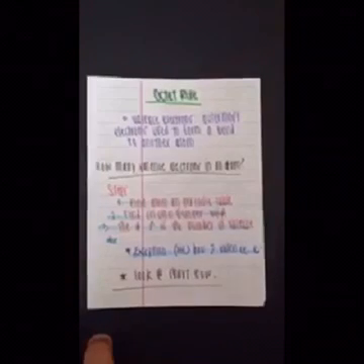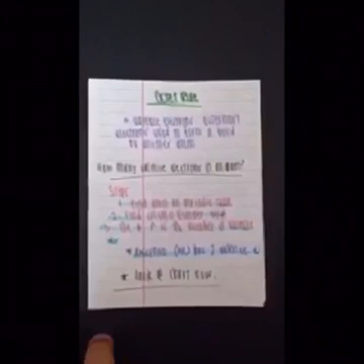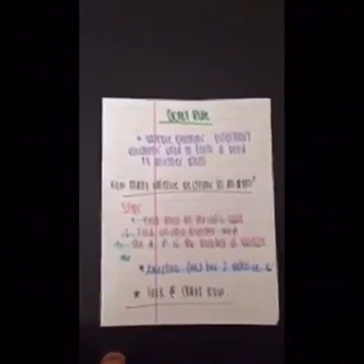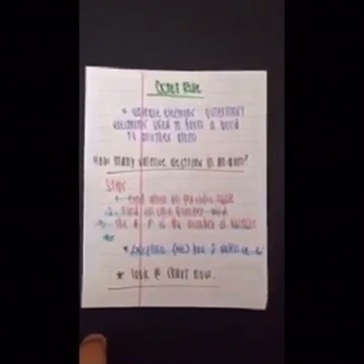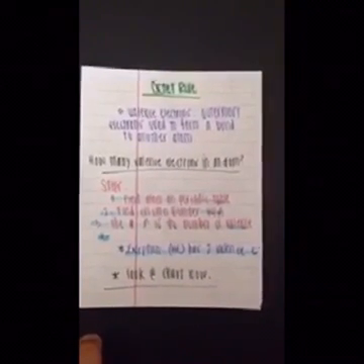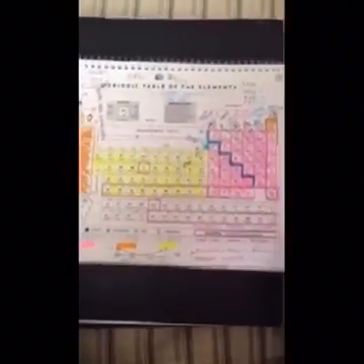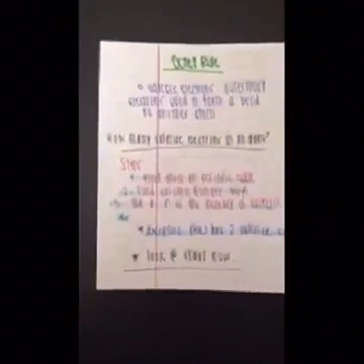So, you want to know how many valence electrons are in an atom? Well, here are some steps. First, you find an atom on the periodic table. Here's the periodic table. Second, you find a column with a number with the A on it.